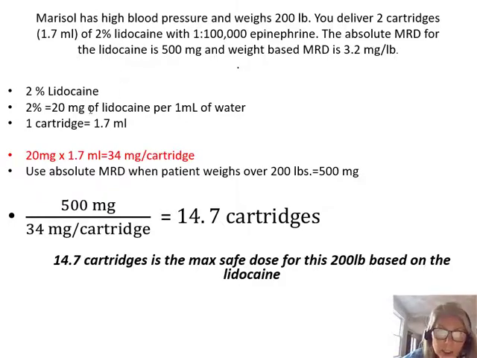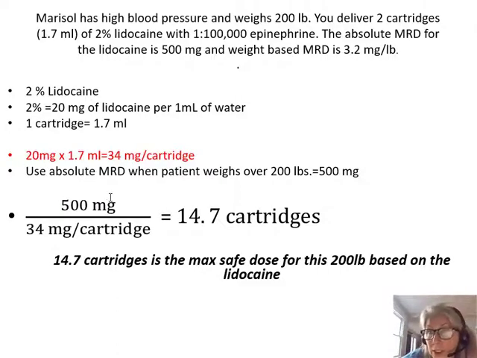are in each cartridge. So here we have our 2%, which equals 20 milligrams of lidocaine per 1 milliliter of water. The cartridge here is 1.7. So that gives us 20 milligrams times 1.7 milliliters equals 34 milligrams per cartridge.